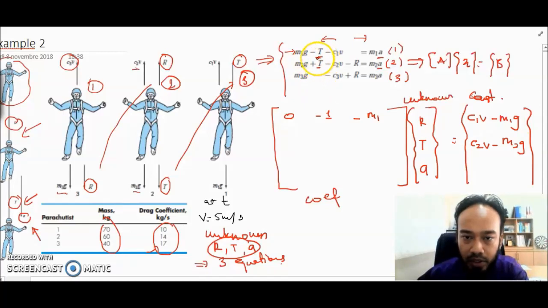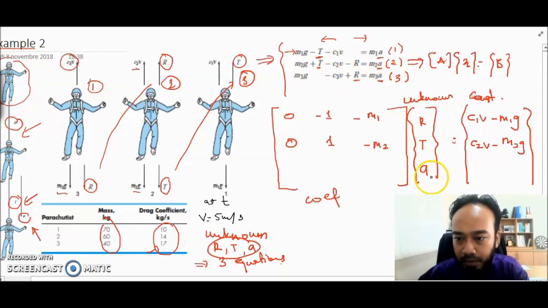As for the coefficients of the unknowns, there's 1 multiplied by T, and when you bring A over here, it becomes minus M2 multiplied by A. There's nothing for R. For the final equation, the unknowns are R and A. The constants, brought to the other side, become C3V minus M3G.